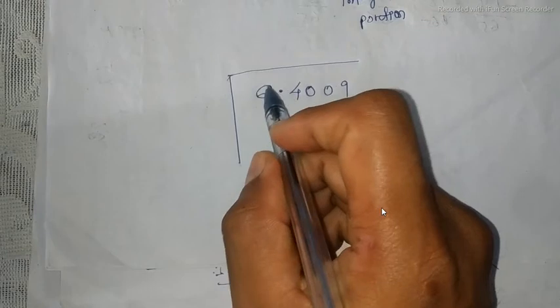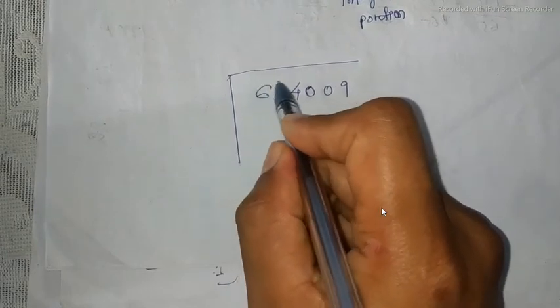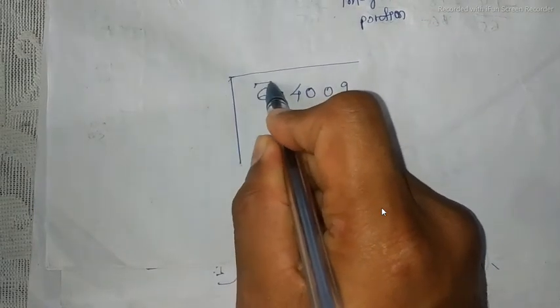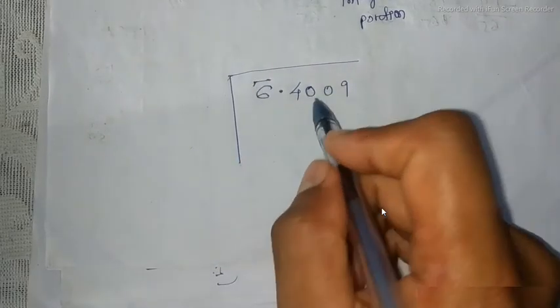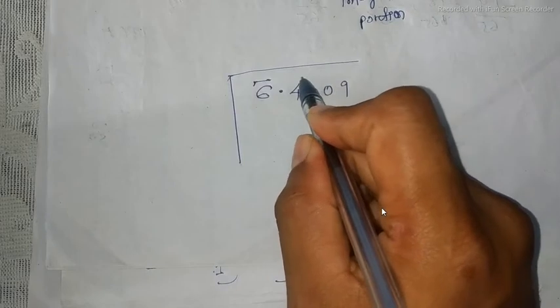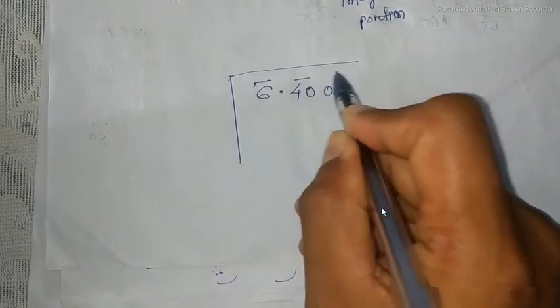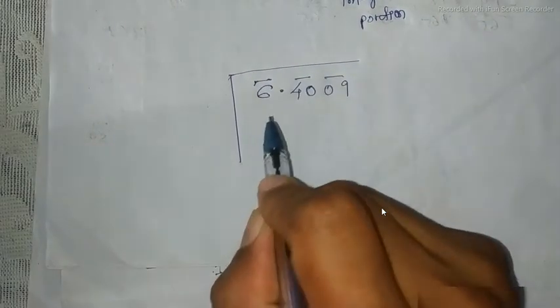In the integral portion there is only one digit, so we are pairing it as this one. And in the decimal portion there are two pairs, 40 and 09.